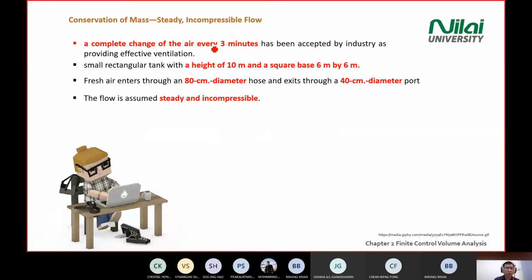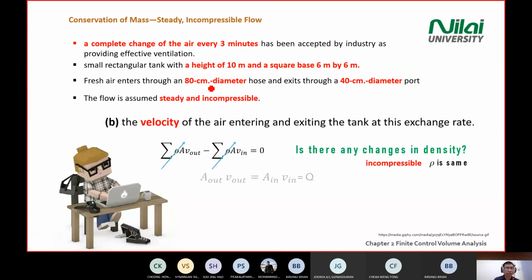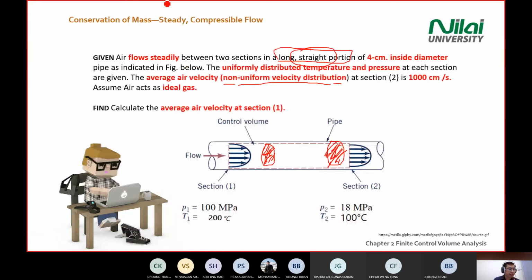And then question number 4 will also be testing you on the concept of conservation of mass, but in the steady and compressible flow. So this is the way we set questions. You look for the keyword, and then you will know which chapter this one falls under. Each chapter has its own keyword.